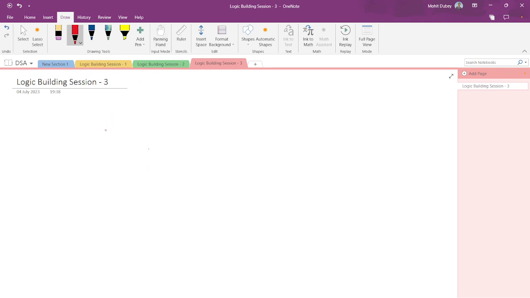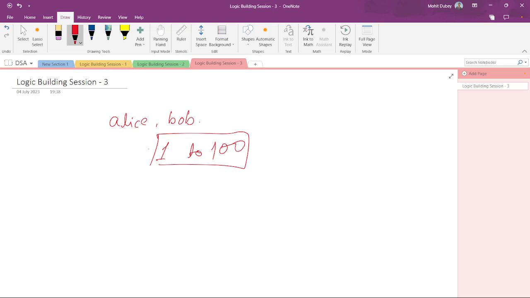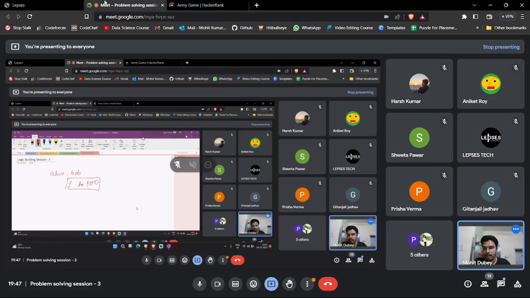The question says there will be Alice, there will be Bob. Each of them will have a rating from 1 to 100, right? And further, the question says, what does it say?